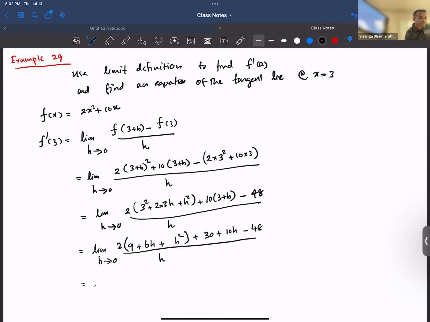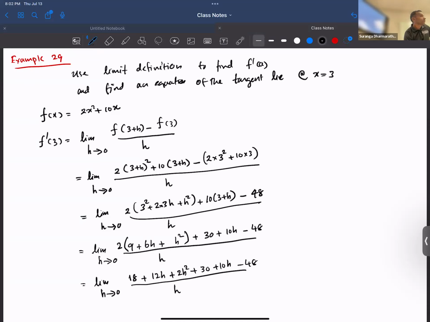So you have 18 plus 12h plus 2h squared, plus 30 plus 10h, minus 48, divided by h, and again the limit as h goes to 0. Now here what I have is 18, the first term, 2 times 9 is 18, and then you have plus 30. So I have 18 plus 30 is 48, and this is negative 48.